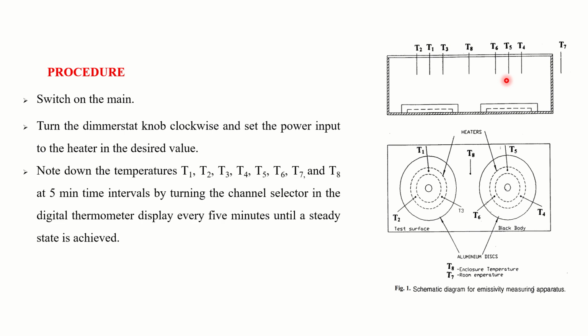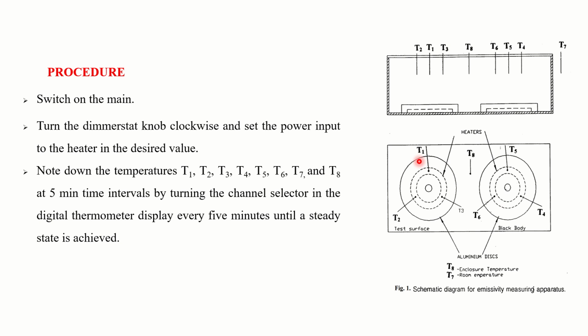The next major observation is temperature. So note down the temperature across the two discs, that is black surface and also non-black surface, then chamber temperature and air temperature at 5-minute time interval until the system reaches steady state.